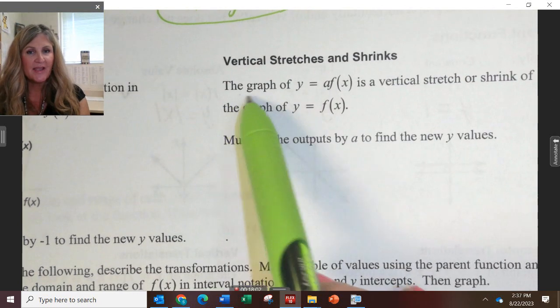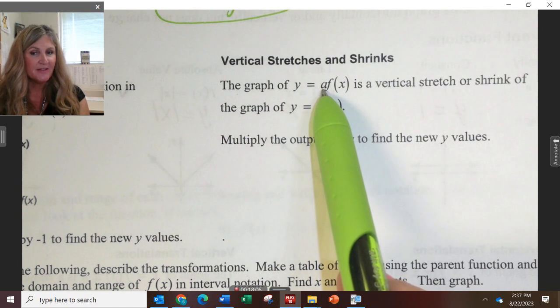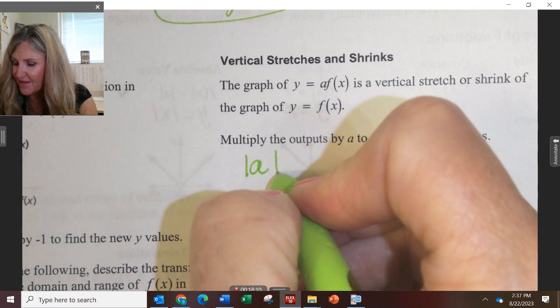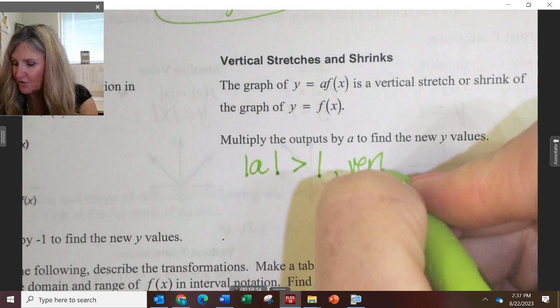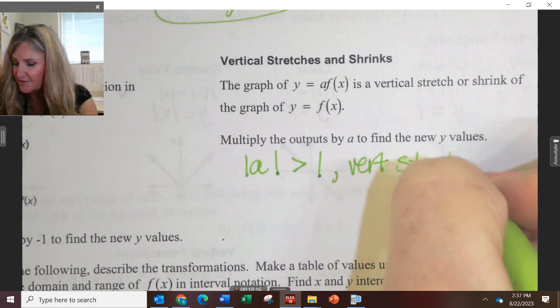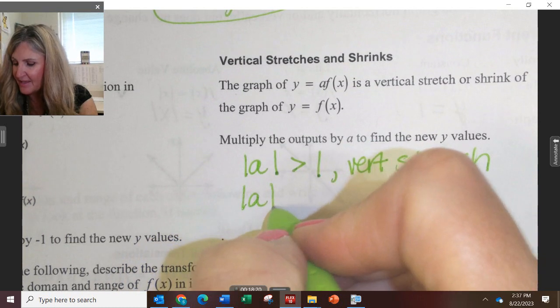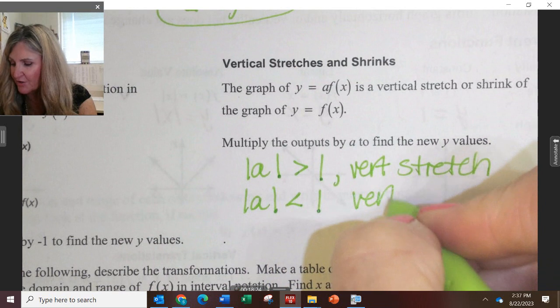If we want to do a vertical stretch or shrink, then we have to multiply the function by a number. If the absolute value of that a value is greater than 1, we're going to have a vertical stretch. If the absolute value of that a is less than 1, then we're going to have a vertical shrink.